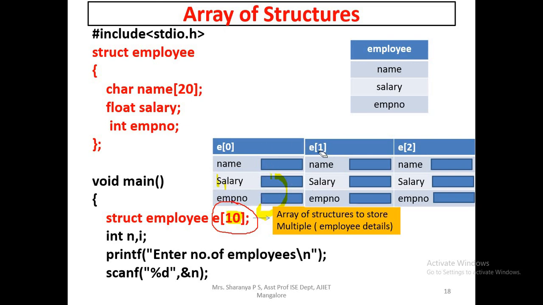It will allocate the storage, and then E of 1 will have the same structure members, and so on. E of 0, E of 1 and E of 2 all refer to index values. Here also the index will begin with 0 since we are referring to it as an array. Storage will be allocated for 10 different employees since 10 is the maximum count. Then we can use as many values as required, depending on the requirement.